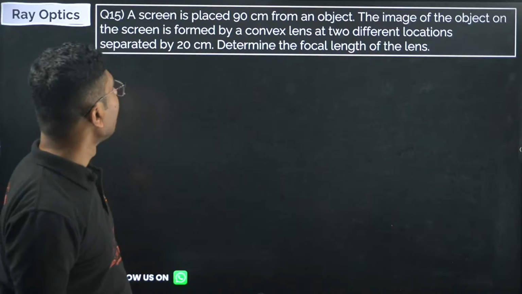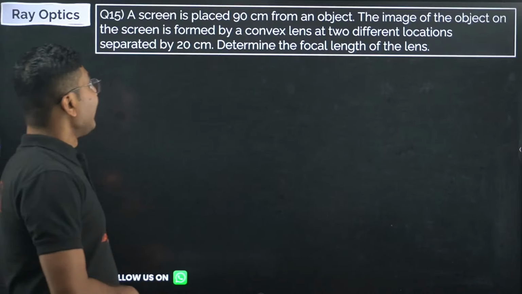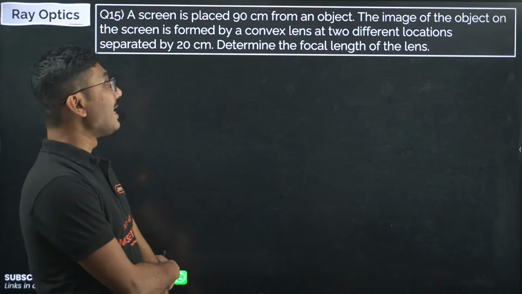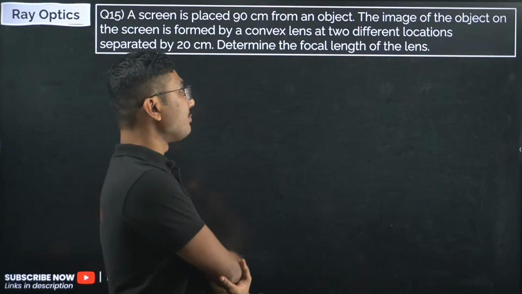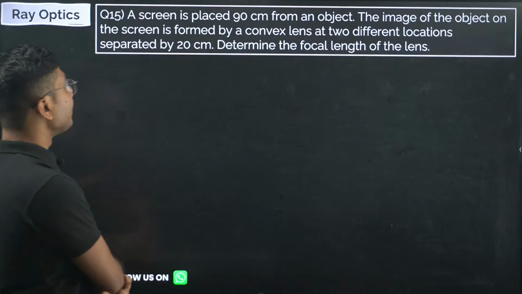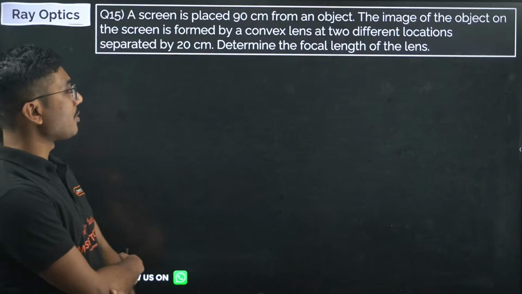Okay. Next, a screen is placed 90 centimeter from an object. The image of the object on the screen is formed by a convex lens at two different locations separated by 20 centimeter. Determine the focal length of the lens.